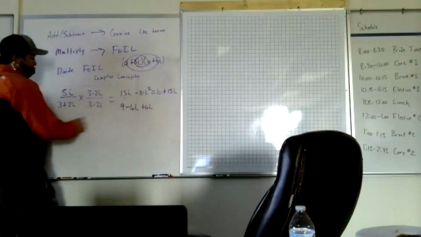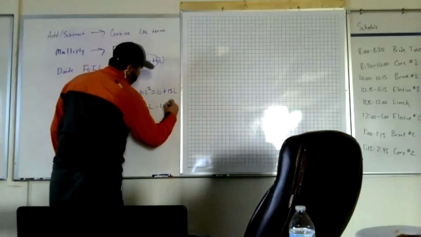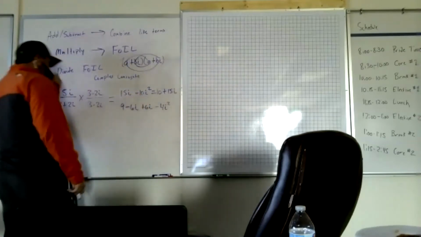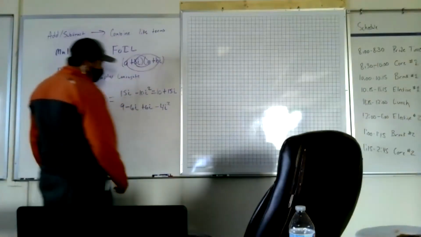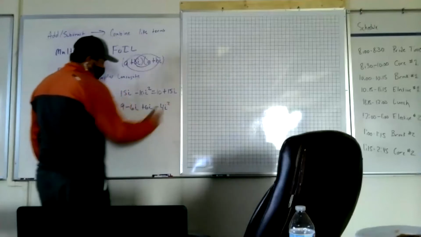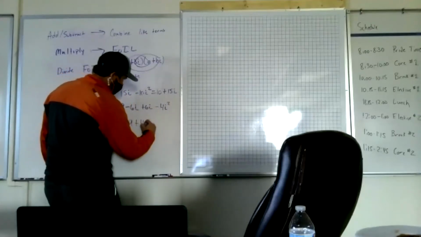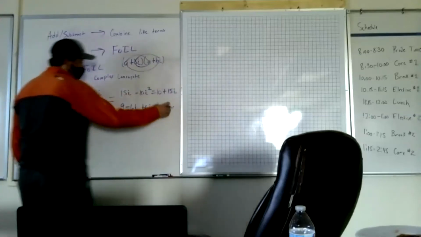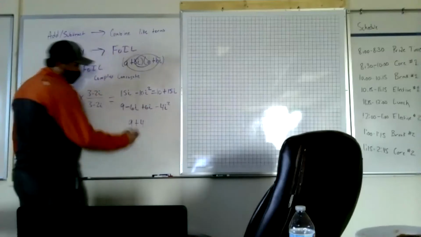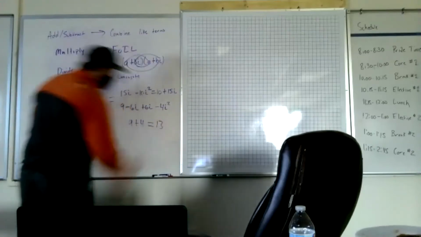And then 2i times a negative 2i is negative 4i squared. Combine your like terms and take care of the negative 1. So really that's going to break down to 9 plus 4, because it's negative 4i squared, so that's negative 1. Our denominator here is going to be 13.